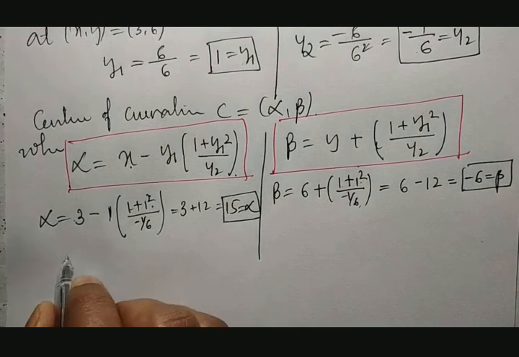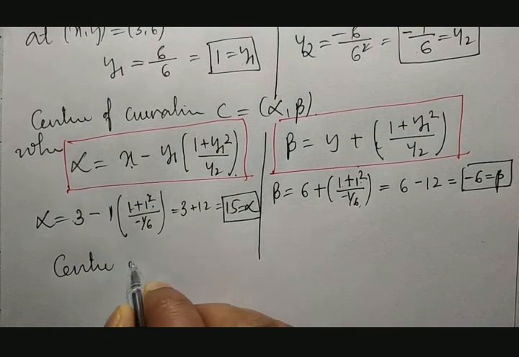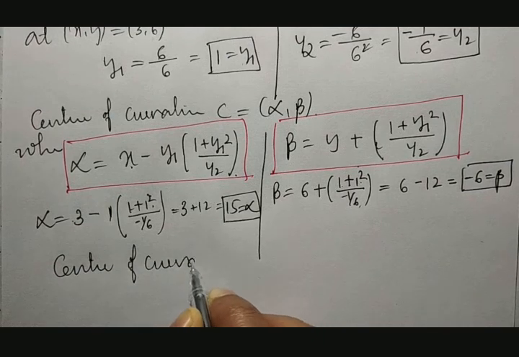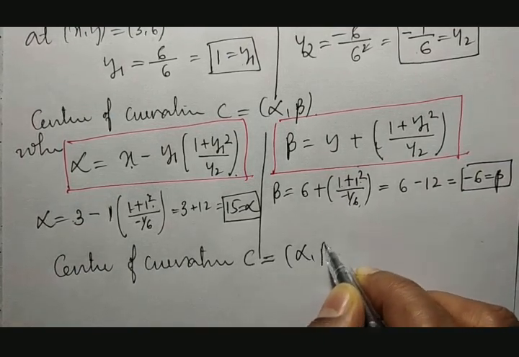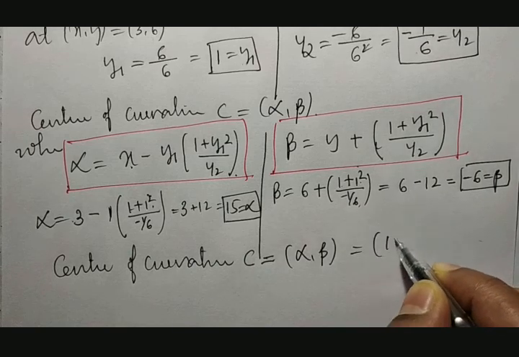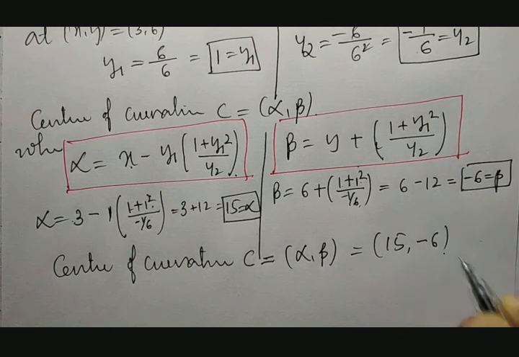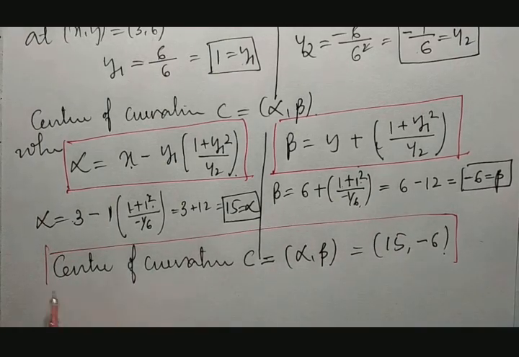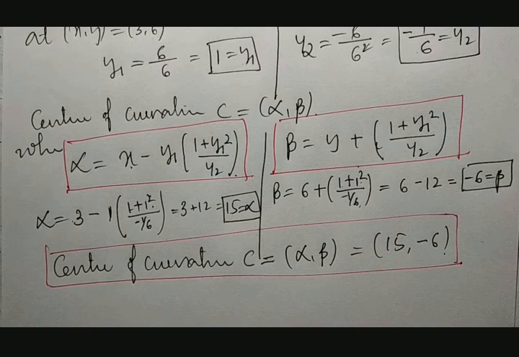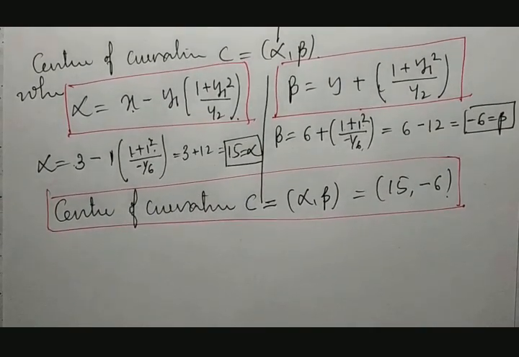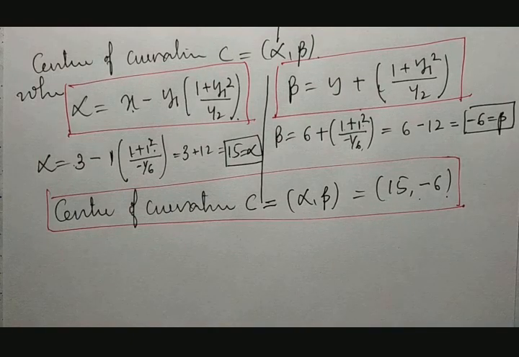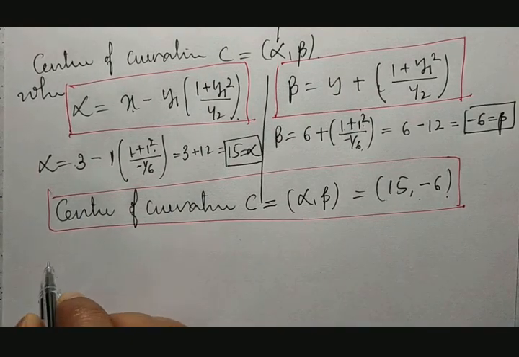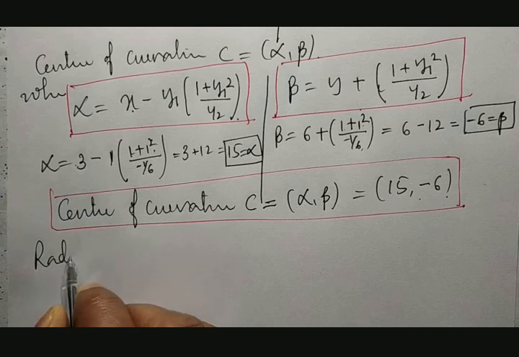Therefore, the center of curvature C is alpha, beta, that is equal to 15, minus 6. Then after getting this, before moving to the circle of curvature, we need to obtain the radius of curvature.